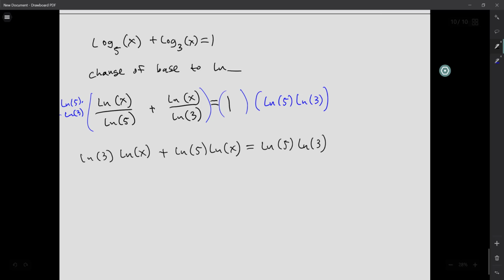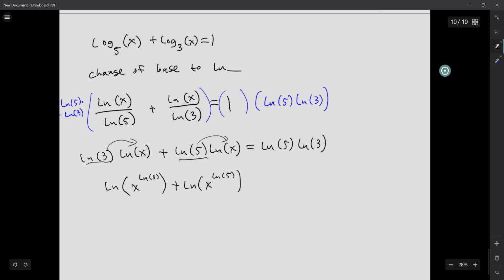But the advantage here is now I've got numbers on the outside and I can just put them in as exponents and then I'll be able to combine my logs. We've got natural log of x to the power of ln of 3 plus natural log of x to the power of natural log of 5. I could probably rewrite what's going on in there, but I don't think it will help us right now.